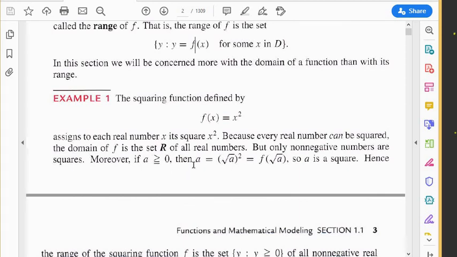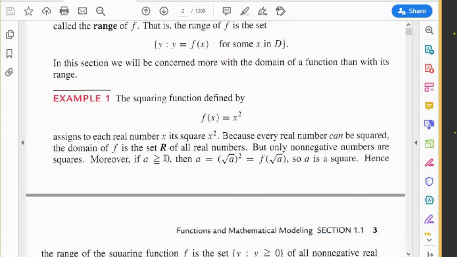If we say that a is more than or equal to 0, and take the square root of a and then square it, the result is going to be equal to a.